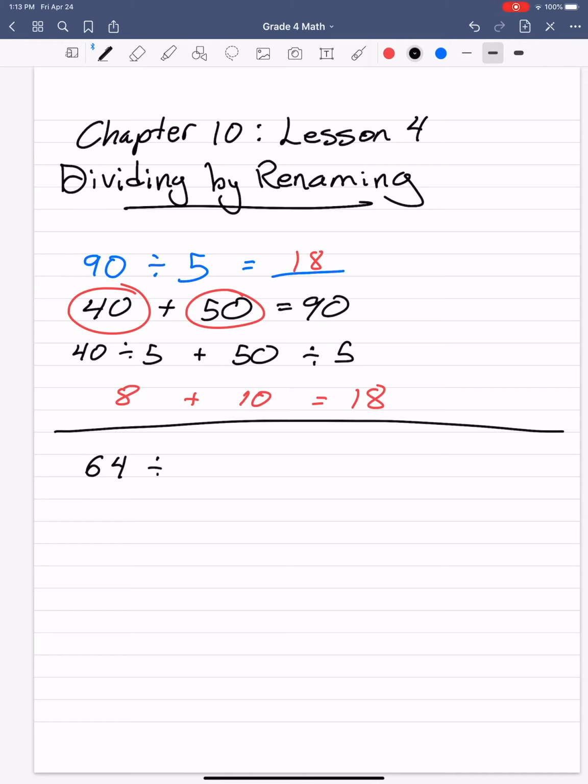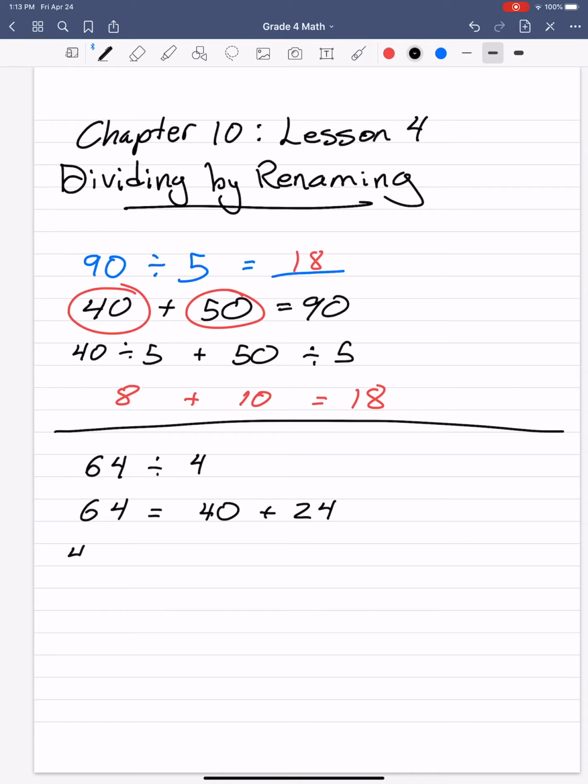64 divided by 4. So the first thing you need to do is figure out, well, what two numbers can I add together to make 64? That would be easier to divide by 4 in my head. So I could do 40 plus 24. That makes 64.